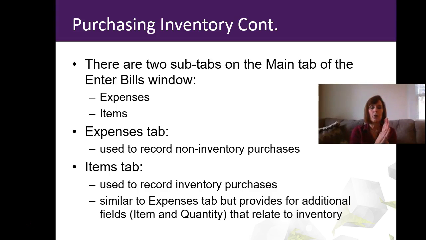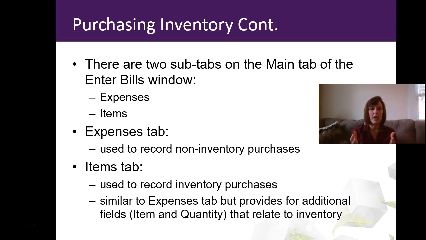When we talk about non-inventory items, let's say we're an auto mechanic and we've got lots of parts that we're putting in customers' cars to fix them, but we have some general supplies that we need to order and keep track of, and maybe a certain amount gets allocated to repairs. That's a cost accounting issue at a later point.